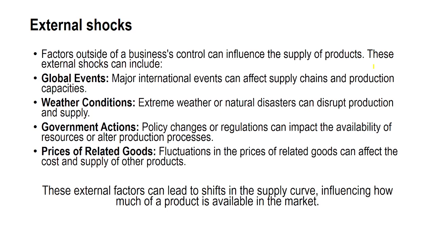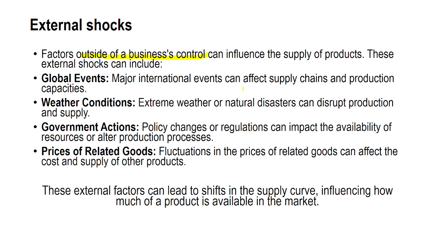The next factor that affects the amount of supply by shifting the supply curve to the left or right at a fixed price is external shocks. External shocks are factors outside of the business's control that can influence the supply of products.